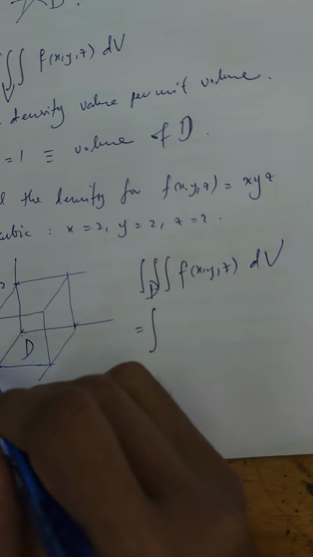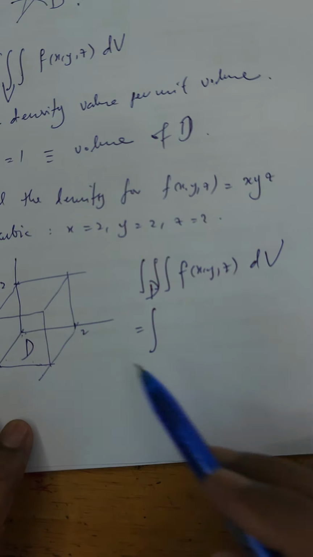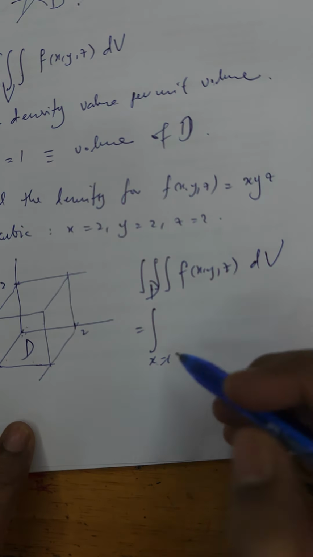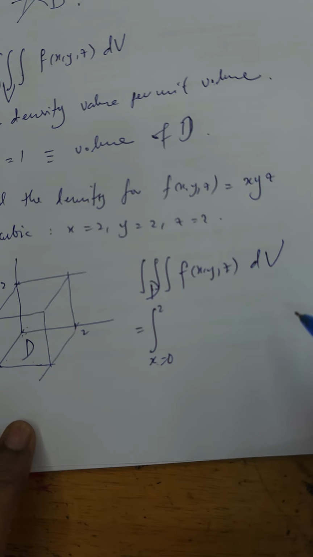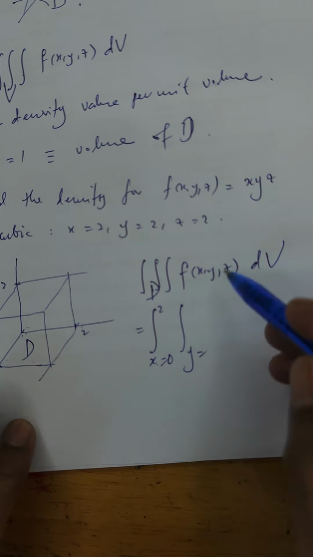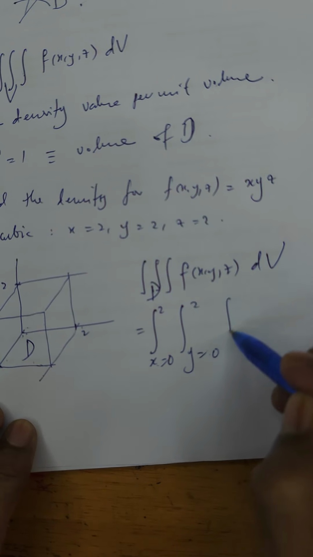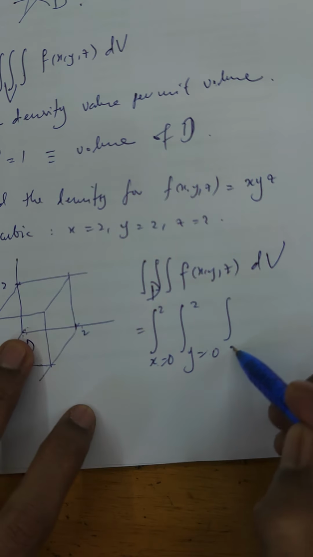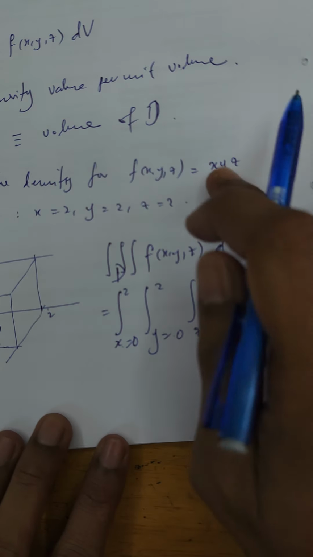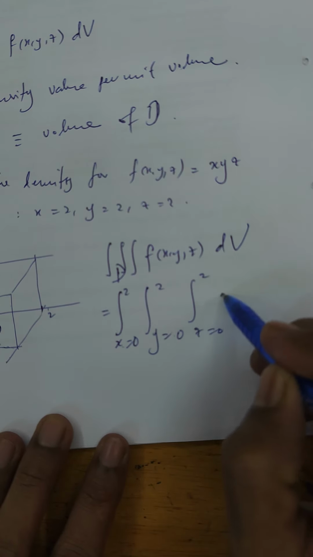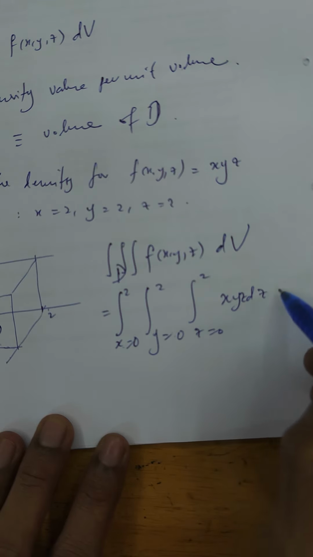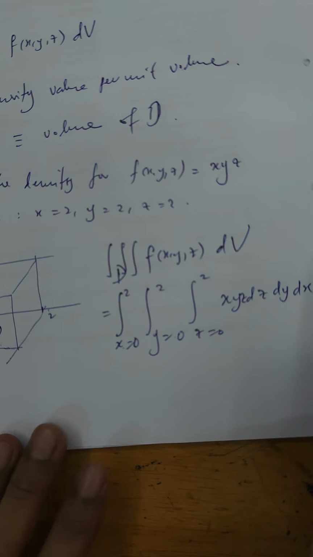So x is from 0 to 2, y also from 0 to 2, and z also from 0 to 2, and our integrand is xyz, and we integrate over z, dy, dx.